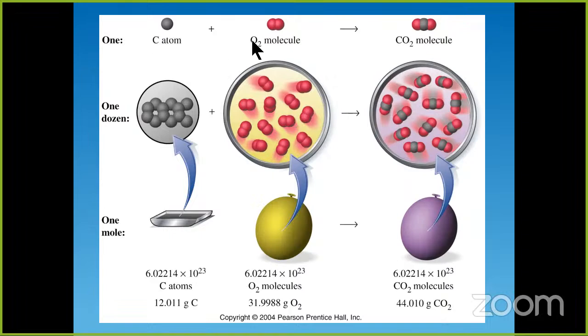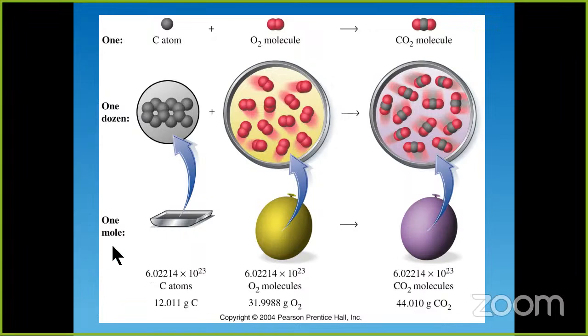So this would be basically a diagram or a model to represent that reaction. 1 carbon atom reacting with 1 molecule of oxygen to form 1 molecule of carbon dioxide. So if you were to multiply this by 12 to get 12 carbon atoms, then you'd have to do the same for the others, right? And if you go further to multiply by Avogadro's number, then basically you have to do the same for the others as well. Remember, Avogadro's number represents 1 mole.